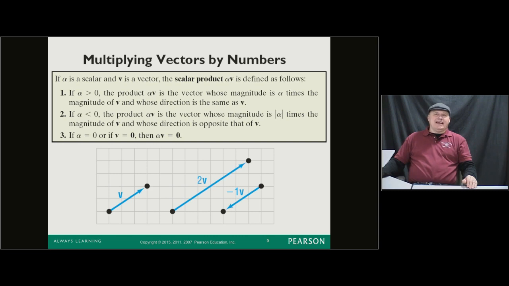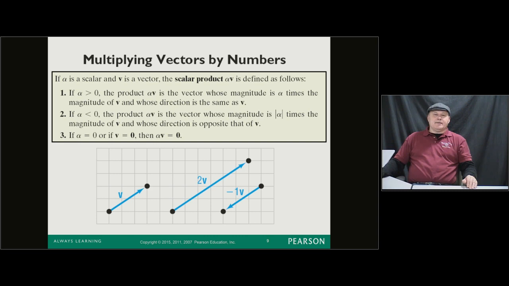Now, multiplying vectors by numbers. Those numbers are called scalars, by the way. So if alpha is a scalar and v is a vector, the scalar product alpha times vector v is defined as follows. If alpha is greater than 0, if the scalar is positive, the product alpha times v is a vector whose magnitude is alpha times the magnitude of vector v, and whose direction is the same as v.